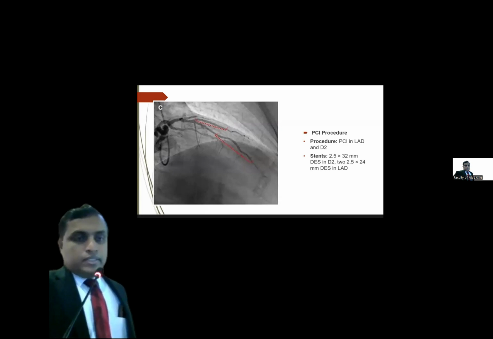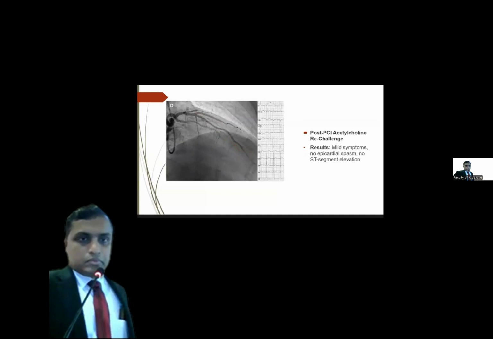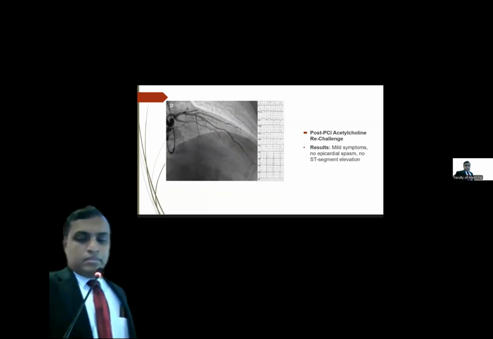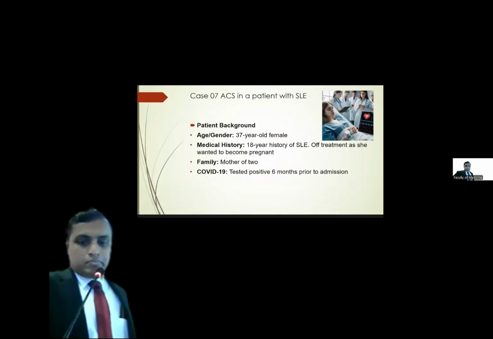Then the PCI procedure was done, stenting the left anterior descending artery and the diagonal. Post procedure, the acetylcholine challenge was repeated, but there were only mild symptoms and no epicardial spasm with no ST segment elevation.